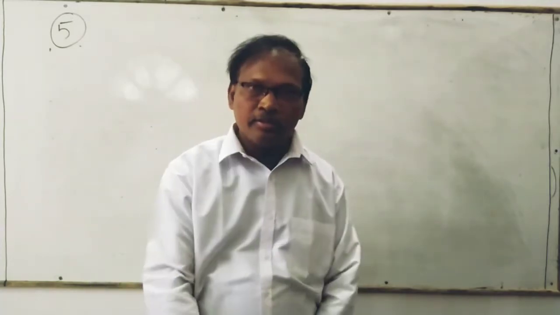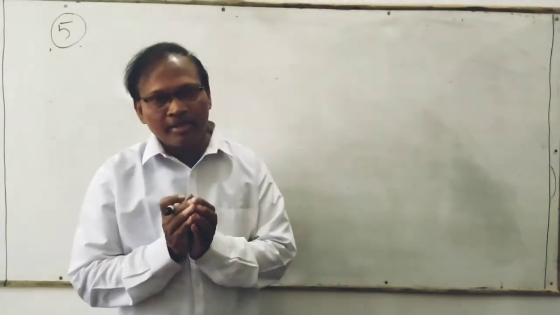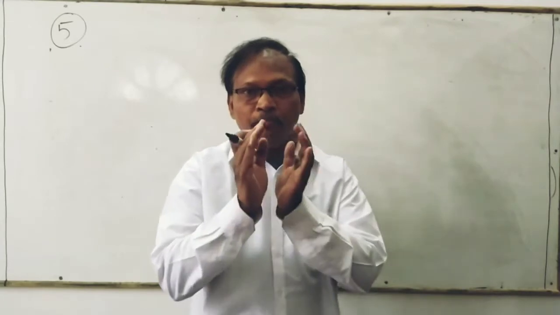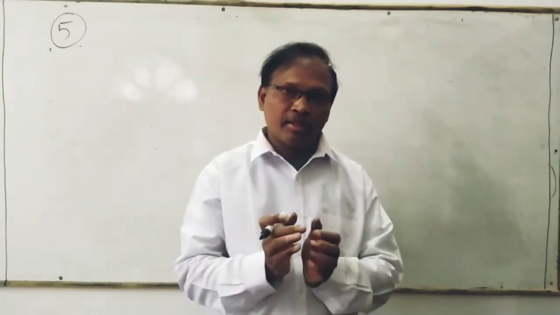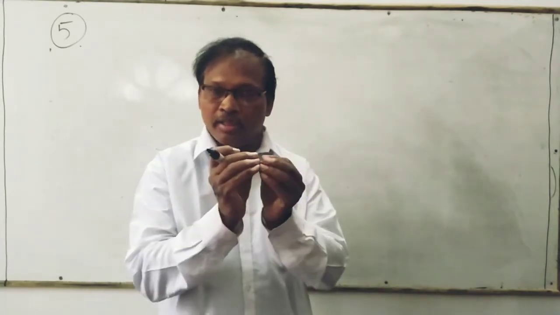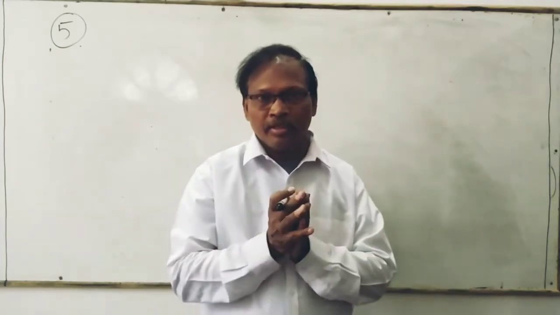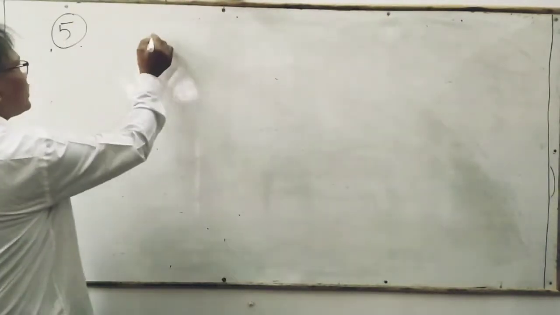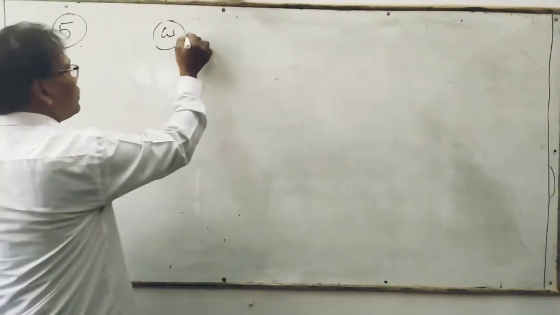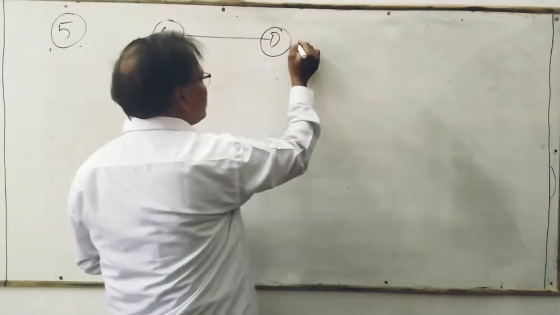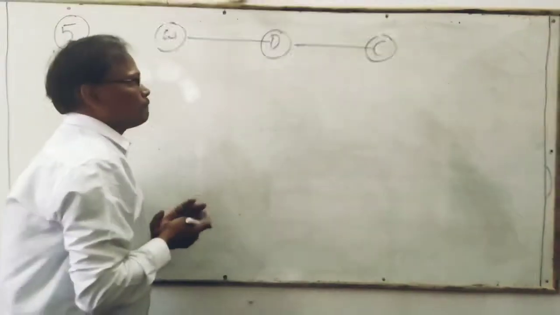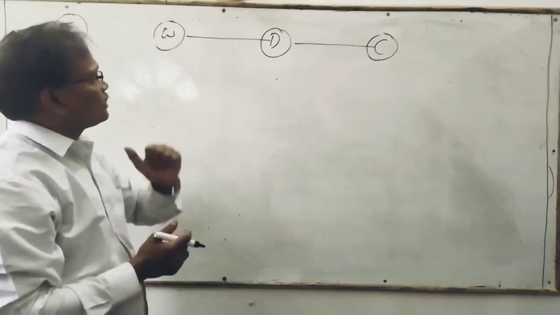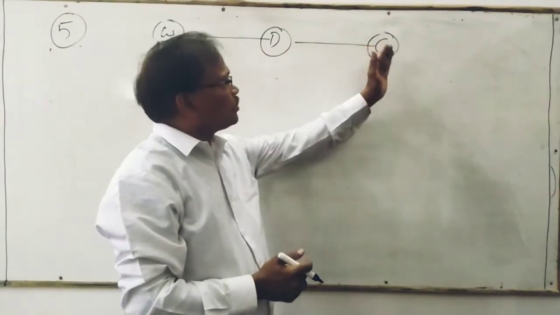First of all, you read the question and then select how many members are there. मतलब कितने लोग इसमें सेल कर रहे हैं, परचेज कर रहे हैं. So there is one wholesaler, then dealer and then consumer. Okay, dealer ने wholesaler से खरीदा, then dealer sells to the consumer.